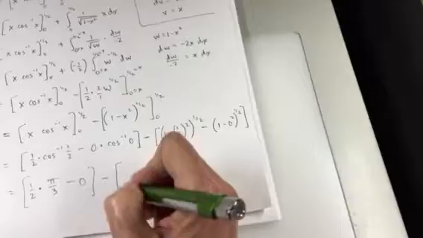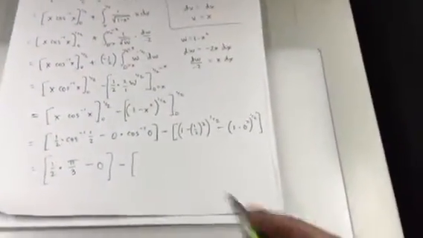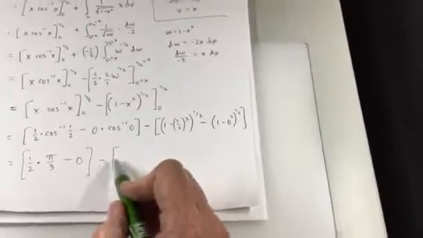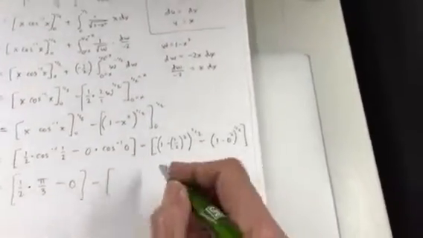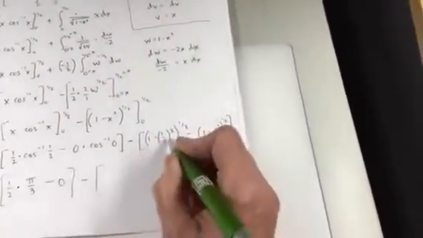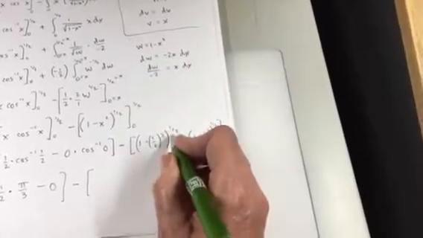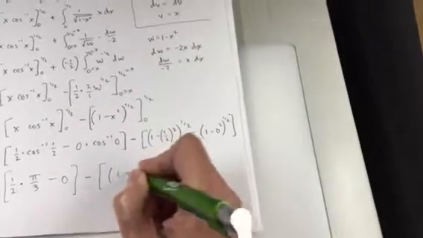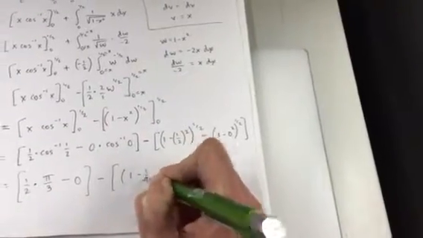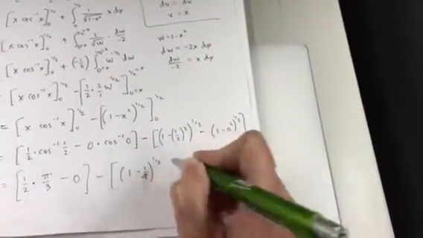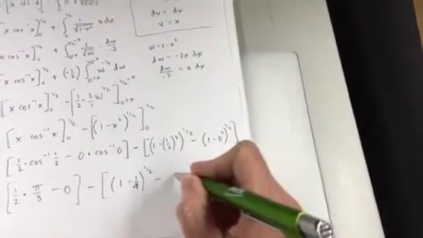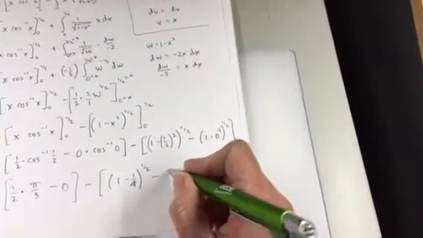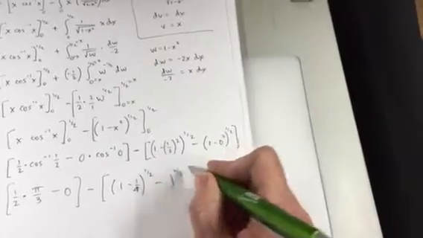I always slow down when I have a lot of negatives I'm distributing and stuff like that. See, I might not need the minus. Still using my bracket. 1 minus 1/4, and that's to the 1/2. 1 minus 1/4 to the 1/2 minus 1 to the 1/2.